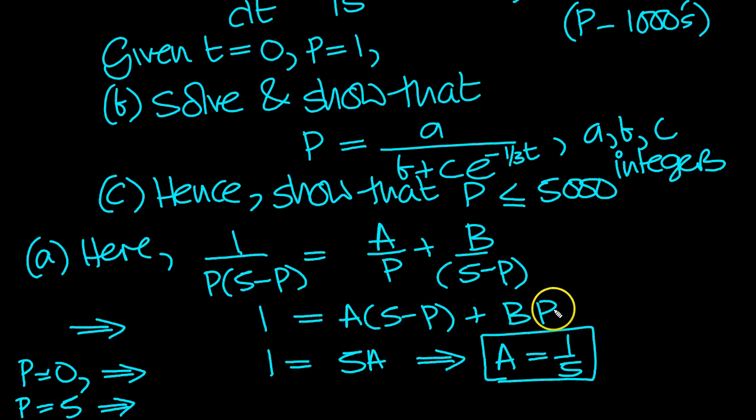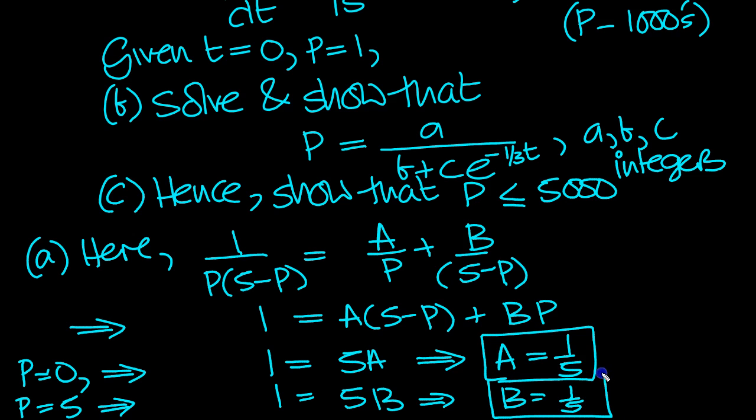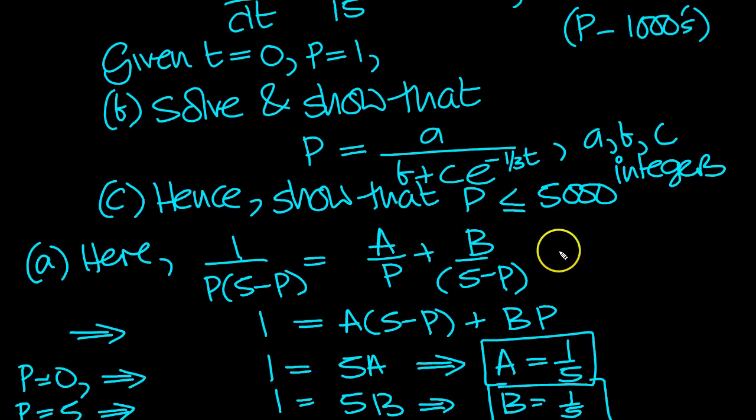This will now be 0, we'll get 5b equals 1. So b is equal to 1/5 also, isn't it? Okay, so both a and b are 1/5. So now this equals 1 over 5p plus 1 over 5 times 5 minus p.